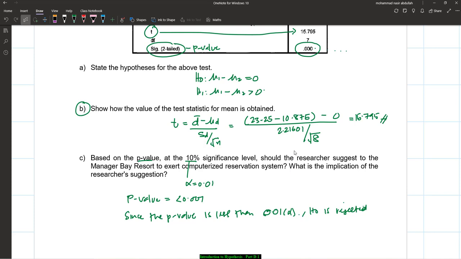So since the null hypothesis is rejected, we can say that there is an improvement of mean reservation time for the new computerized system, right? So this is how we answer the question.